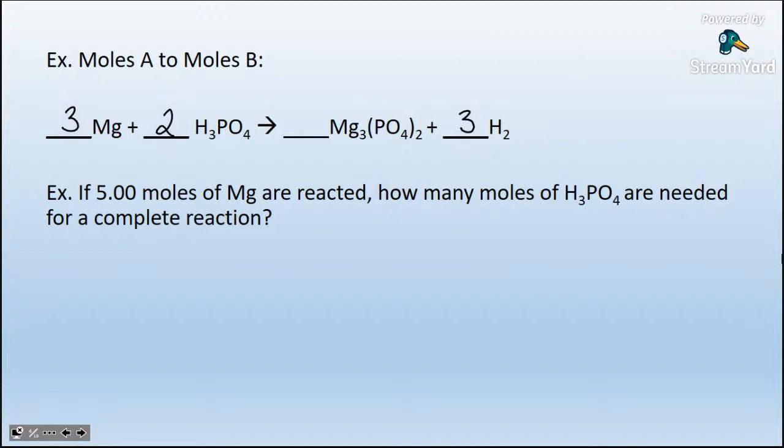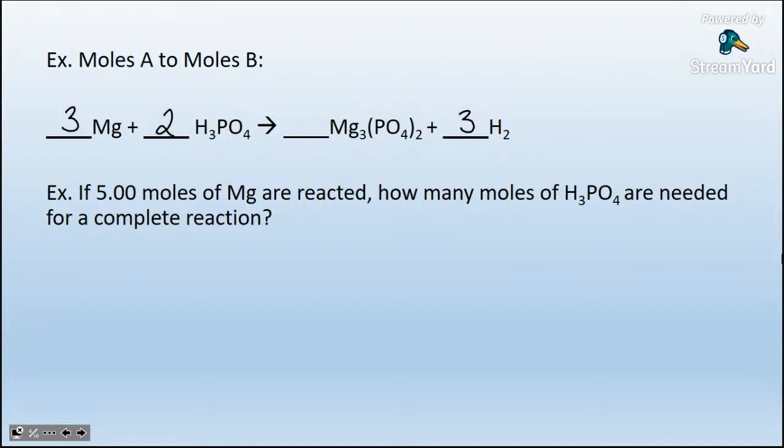And when I look at this, I now notice that I've got already, if I envision unwritten parentheses and an unwritten 1 behind that phosphate, I've got 2 times 1 for 2 phosphate groups, and on the product side, an unwritten 1 times 2 to give me 2 phosphate groups. So this is balanced with 3, 2, unwritten 1, 3.